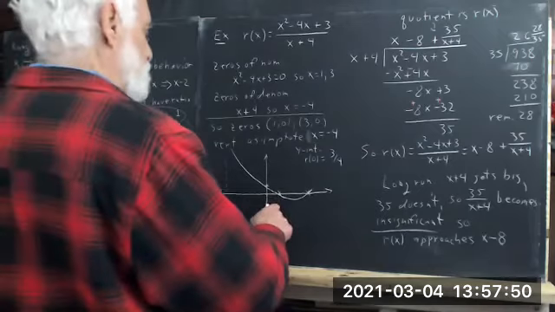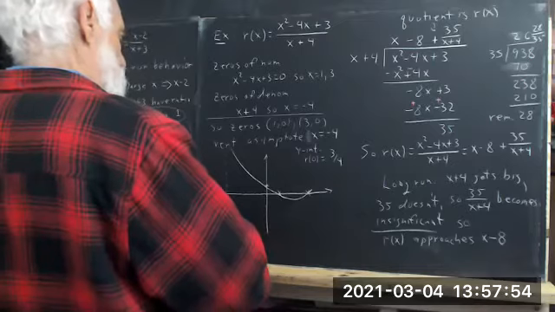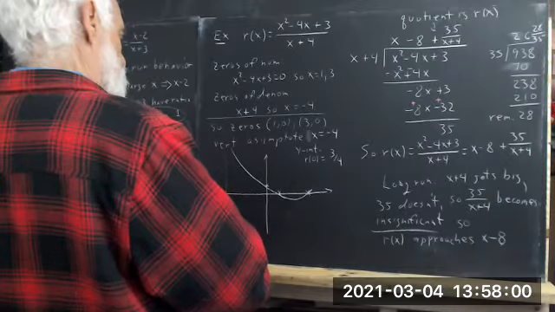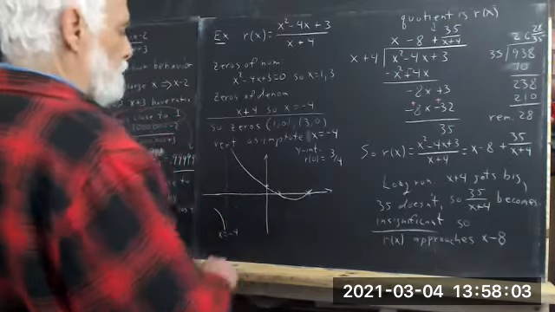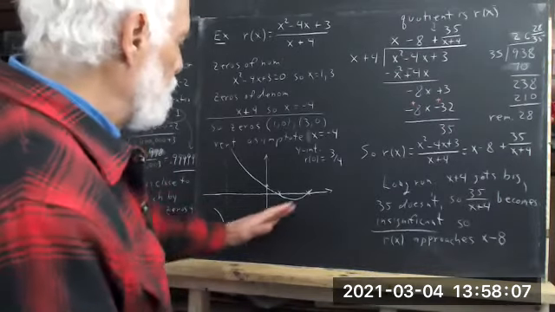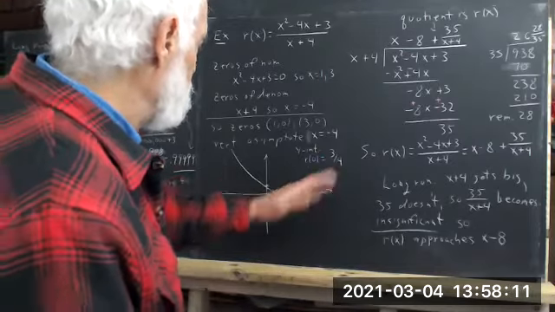Well, x minus 8 has a graph, and let me put this on a scale that at least makes sense over here. I've already got this steep, and I want it to get a little steeper.